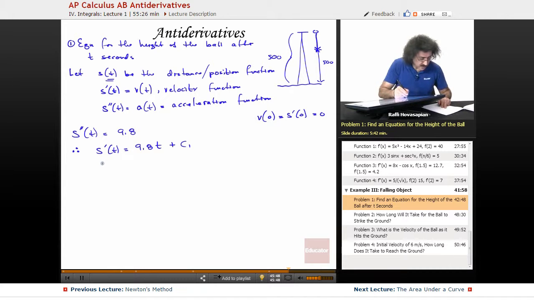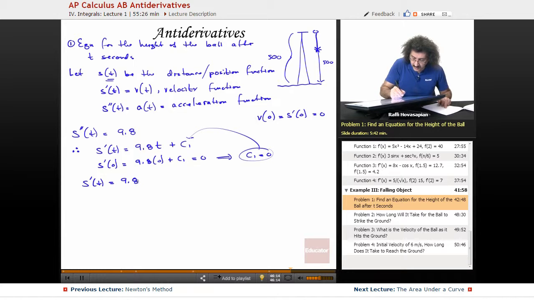So let's plug it in. s prime of 0 is equal to 9.8 times 0 plus c1, and that equals 0. So that implies c1 is equal to 0. Plugging that into my original equation, s prime of t equals 9.8t. So I found an equation for the velocity at time t. It's 9.8t.